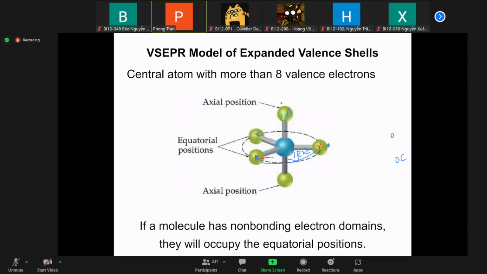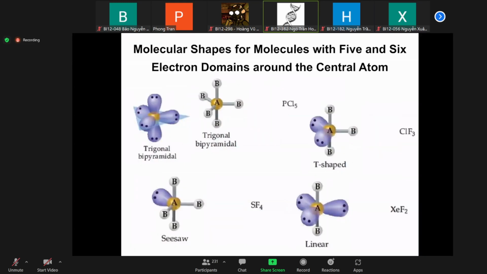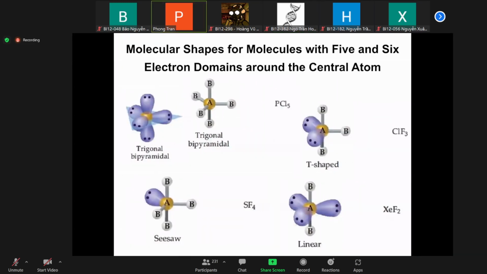It's quite easy to understand, I guess, right? Yes. So here is a summary of different electron domains around a central atom. For example, when you have a molecule with a T shape, you have two electron domains in the equatorial position.